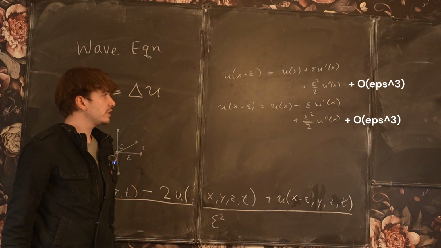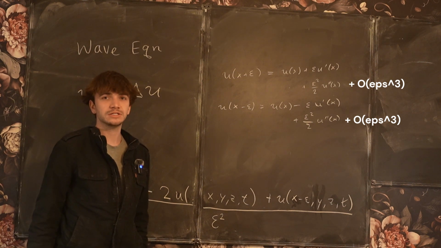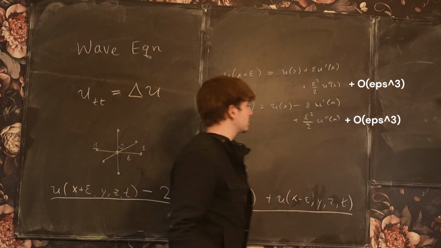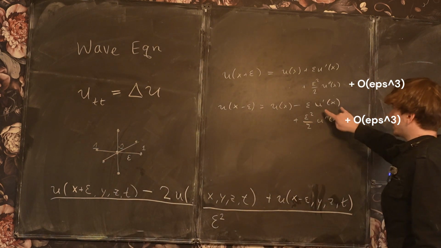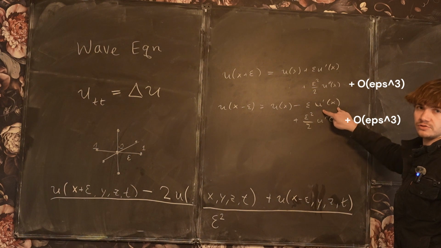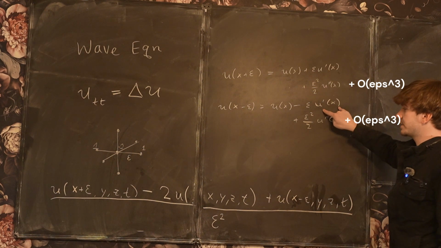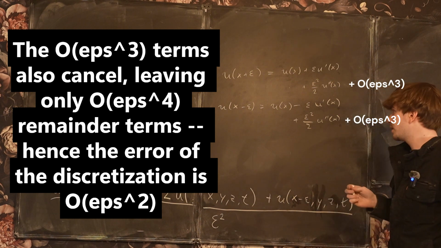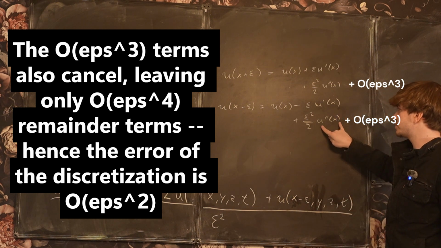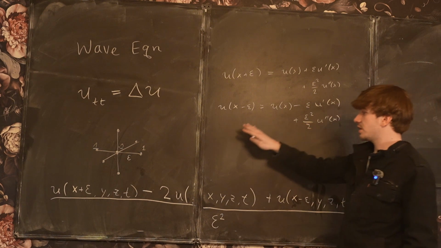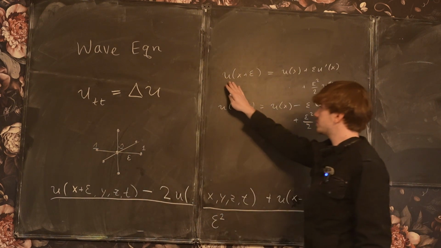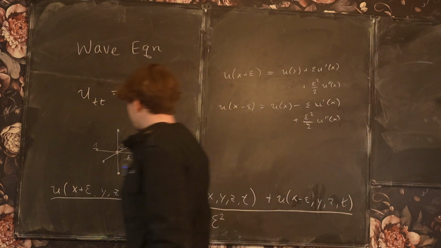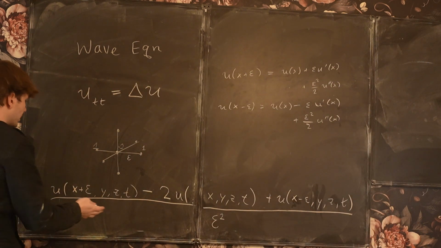And so if we go ahead and add these two equations together, we can solve for u double prime of x. And the u prime of x cancels. So the first order terms of the Taylor expansion cancel, and so we're going to get a second order approximation, okay? And so if we solve for u double prime of x in terms of u of x plus epsilon, u of x minus epsilon, and u of x, we get precisely this expression that I've already written here.